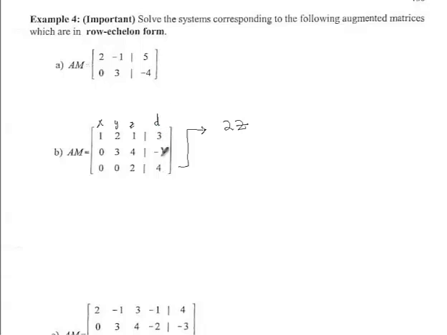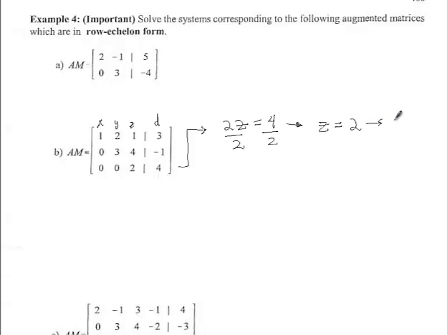The entries to the right of the vertical bars are the d's. So the third row translates to the equation 2z equals 4. We divide by 2, and we get z is equal to 2.